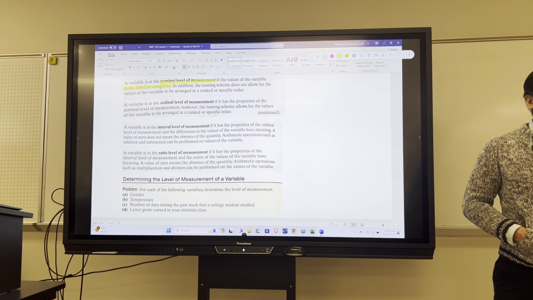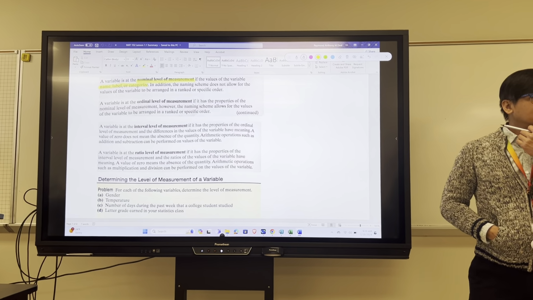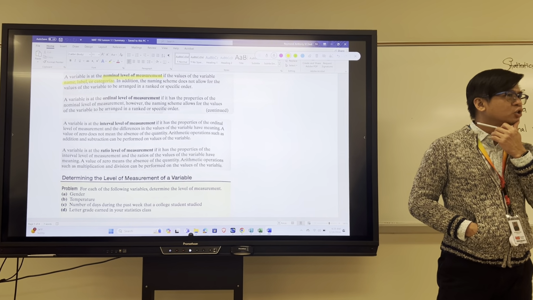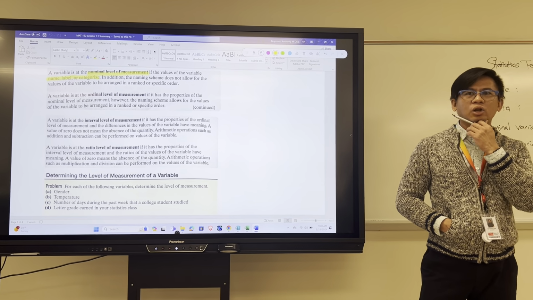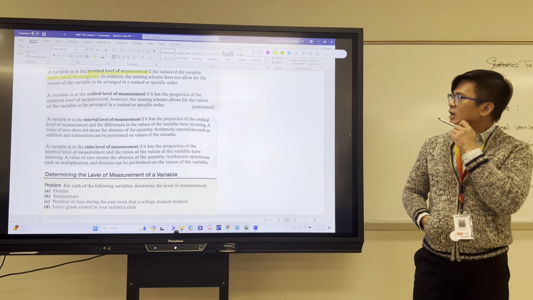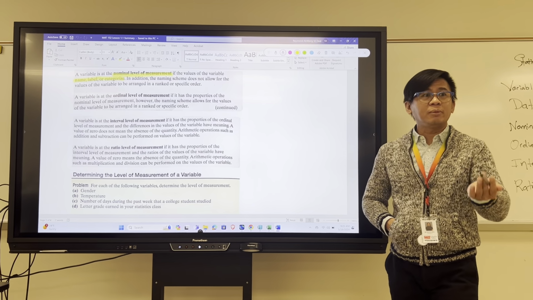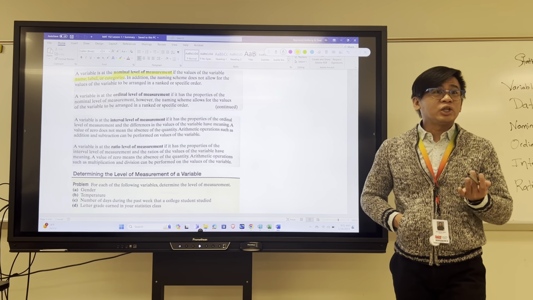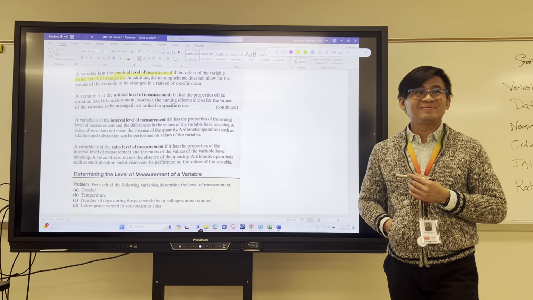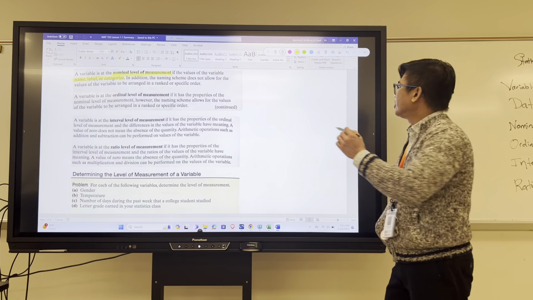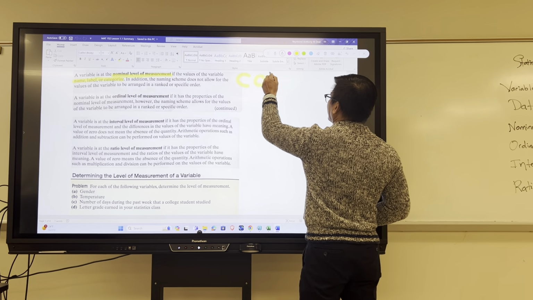We cool? Can you give us an example of a variable that has a nominal level of measurement? The data input for such can be a name, a label, or a category. Color. Very good. Thank you. That is correct. Very good, Andrew.